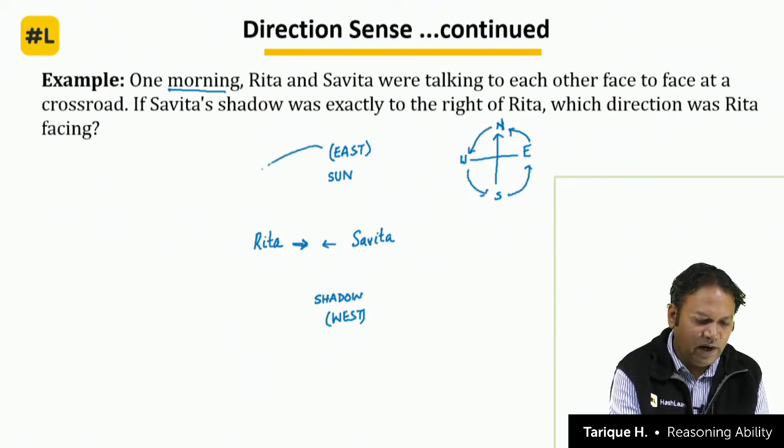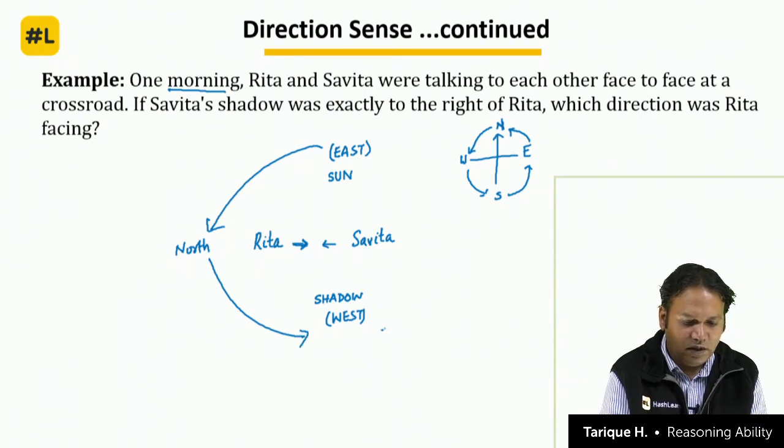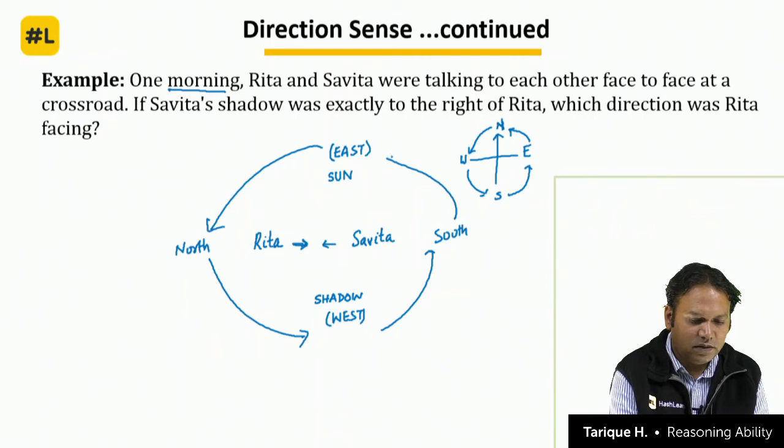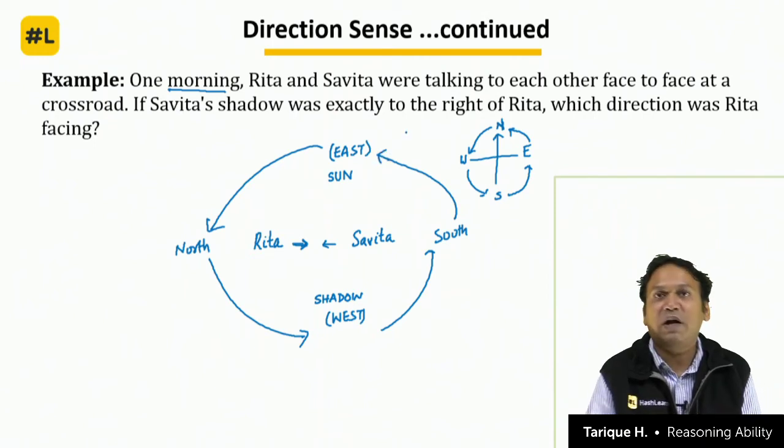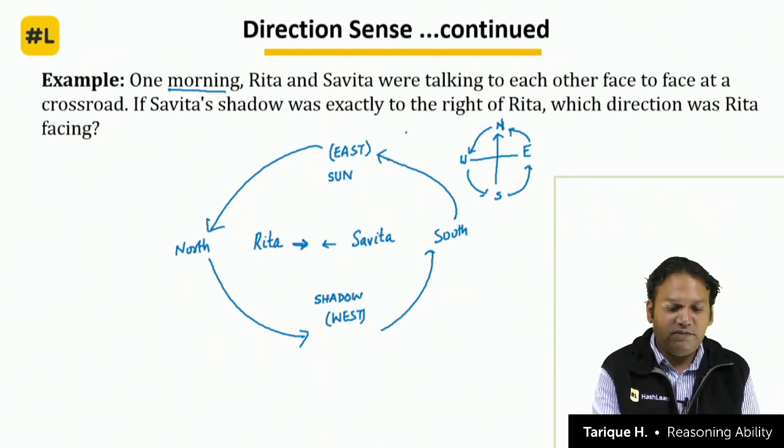So from east if we go anti-clockwise, this is north, this is west, this is south, and this is east. So in direction change questions also this part will help you. From east we go anti-clockwise, we get north, west, south, east.